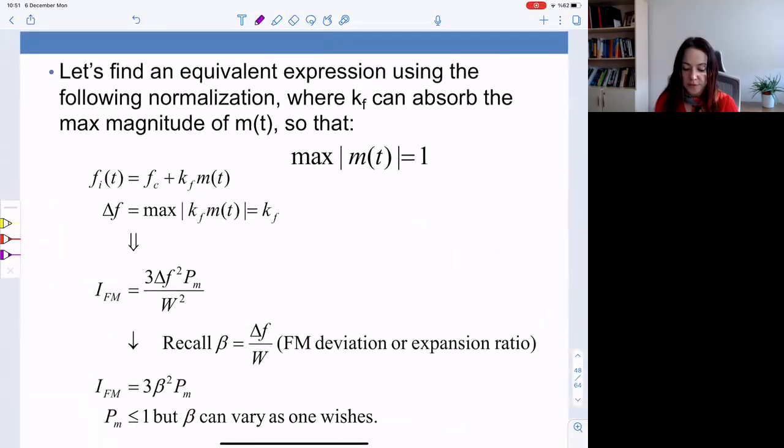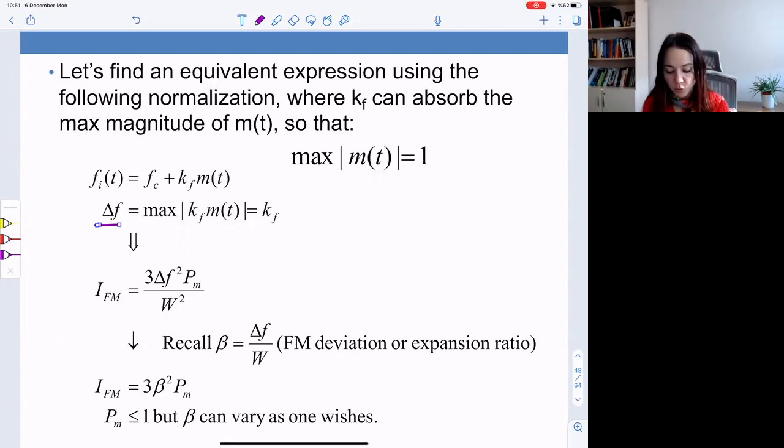By the way, let's find an equivalent expression for the figure of merit in terms of beta. Notice that delta F is the frequency deviation, which is kf times Am. But what is Am? Am is the maximum magnitude of m of t.